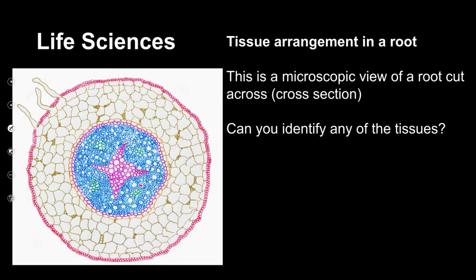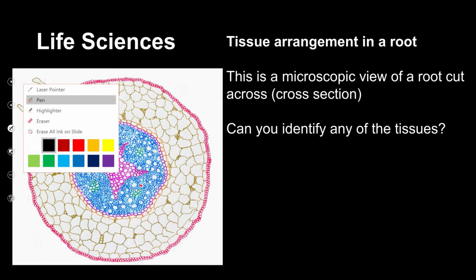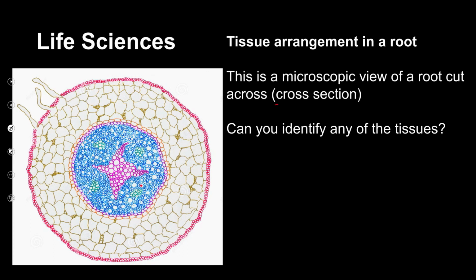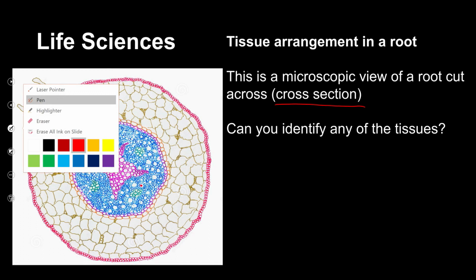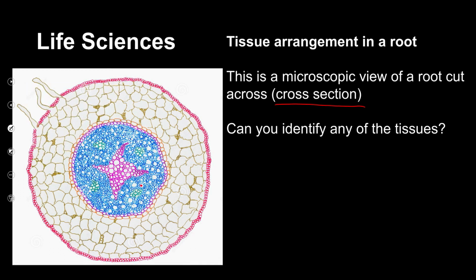So, first of all, to get this picture, we have cut the root across. That is something called a cross section. It's a bit like if you cut a carrot across.